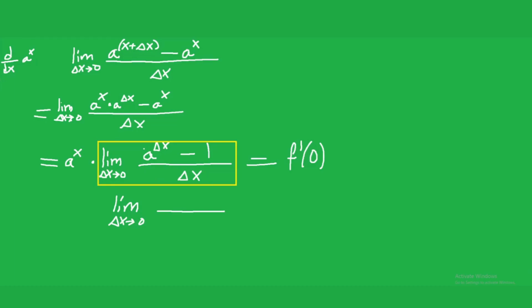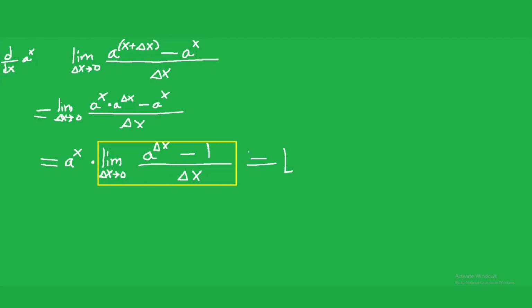So this limit is a constant in a sense. Let's say it's equal to L, where L is the limit. I don't know if constant is the right word, but there is a single value depending on the base.